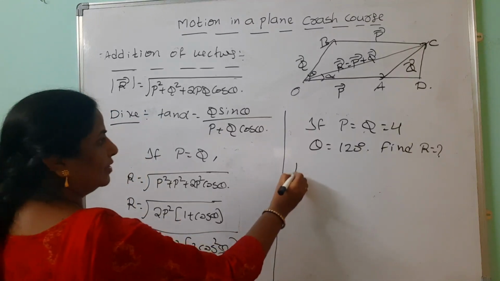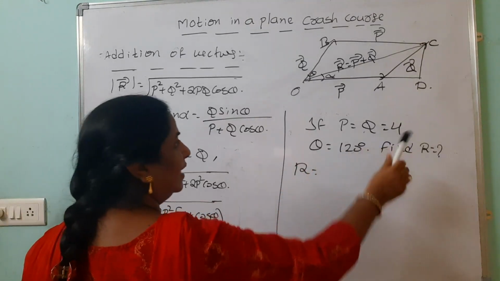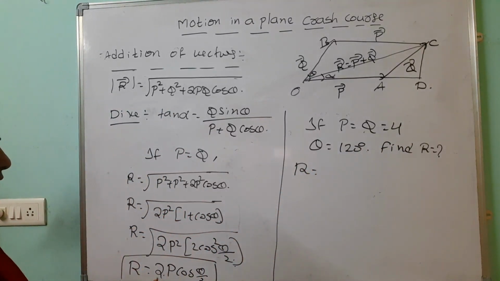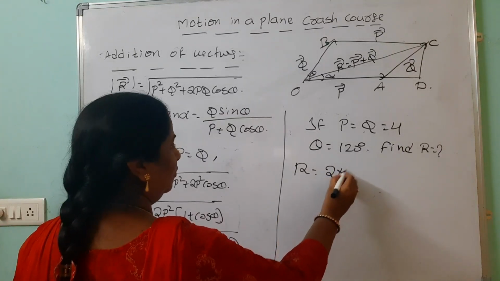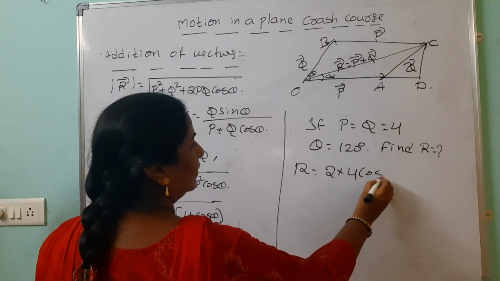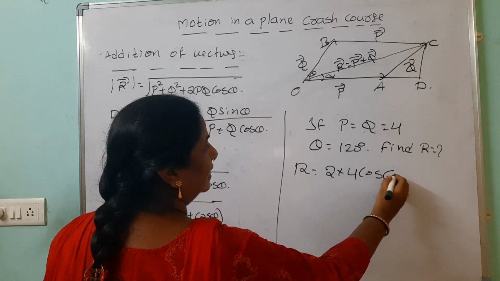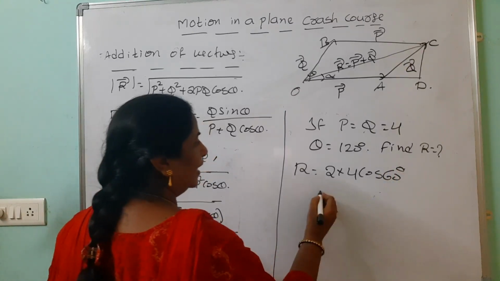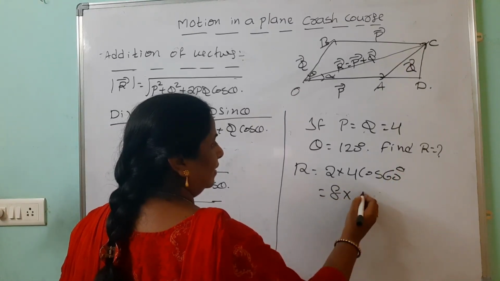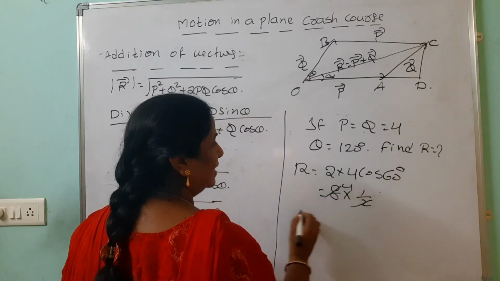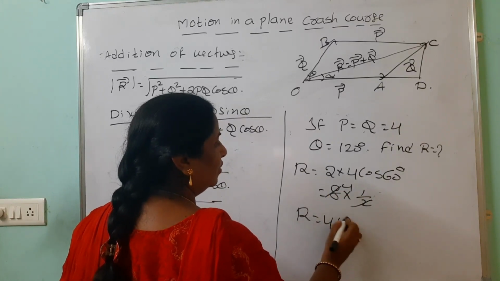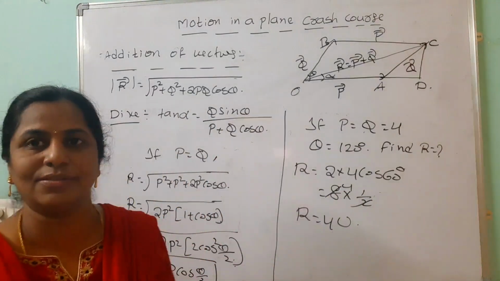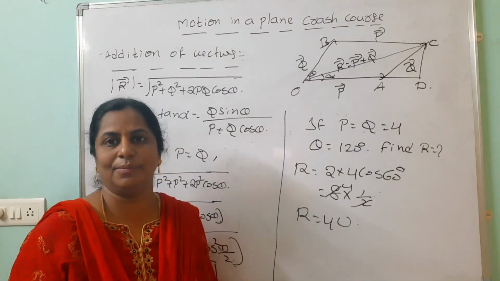So R equals, immediately if they say P equals Q, you can go through this one: 2P cos theta by 2, that is 2 into 4 into cos 60 degrees. Cos 60 is how much? 8 into 1 by 2. So our answer is resultant equals 4 units. Like that you can do this.